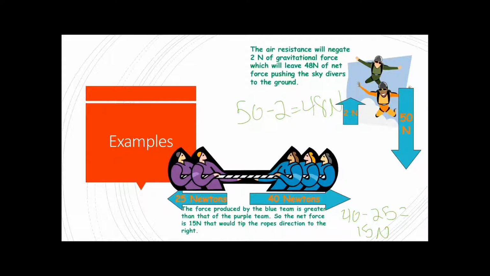So there is an unbalanced force acting here because the net force is not 0. So key point to remember with unbalanced forces: if the net force is not 0, that means there's going to be motion, which then means that it's an unbalanced force.